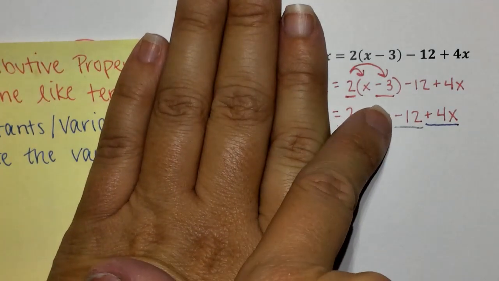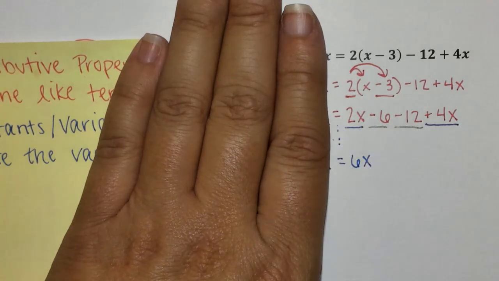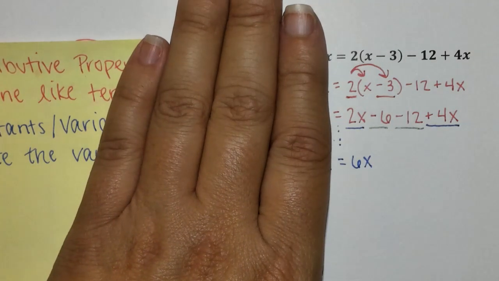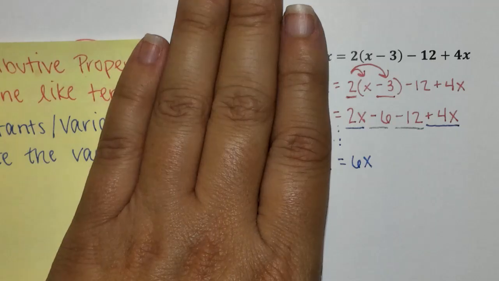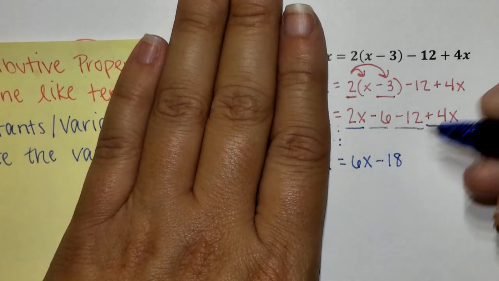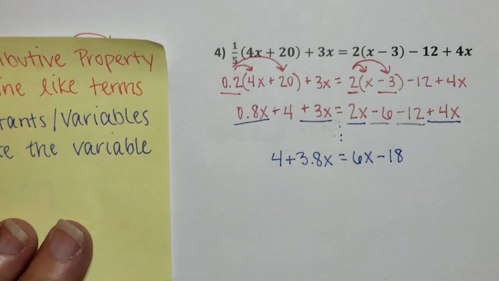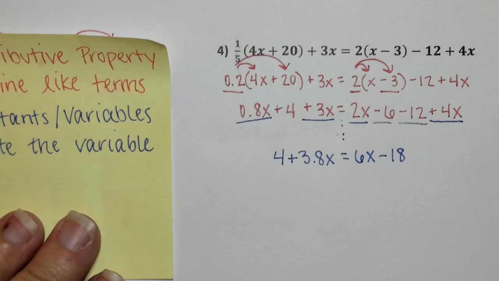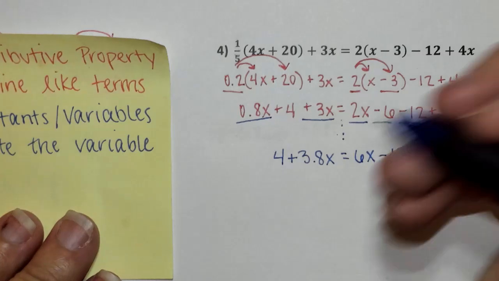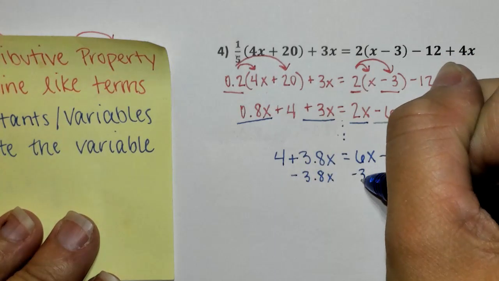Negative 6 minus 12, or negative 6 plus negative 12. Either way, you're going to get either plus a negative 18 or minus 18. They're the same thing. Adding a negative and subtracting is the same. From there, it's a lot simpler. Now we get our constants on one side and our variables on the other. I would start by subtracting 3.8x from both sides.